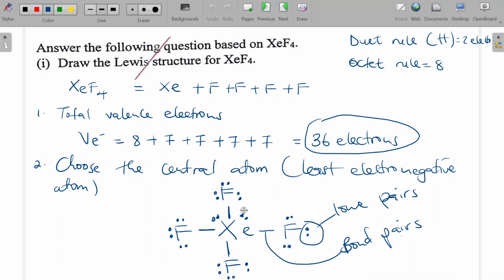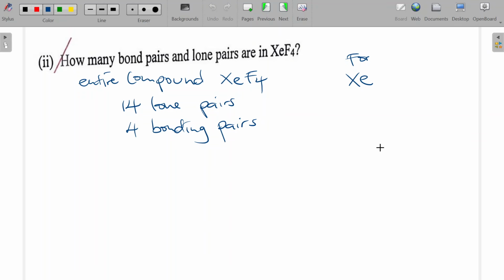You don't say there are 2 here, because a lone pair is a pair of 2 electrons. So it's 1 lone pair, and with the other pair, it's 2 lone pairs. So for xenon, you just say they are 2 lone pairs.